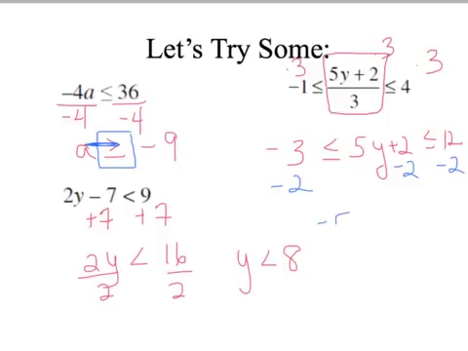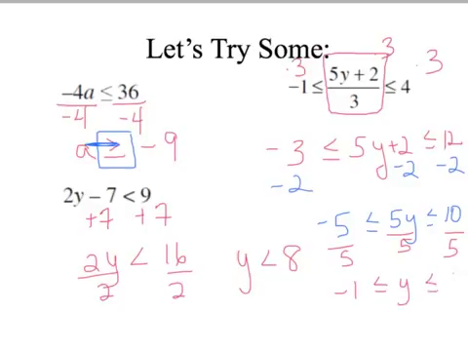So we have negative 5 less than or equal to 5y, which is less than or equal to 10. And then we'll go ahead and divide each side by 5. So we've got negative 1 is less than or equal to y, which is less than or equal to 2. These are brackets because it's equal to. So I would have a bracket at negative 1 and a bracket at 2.